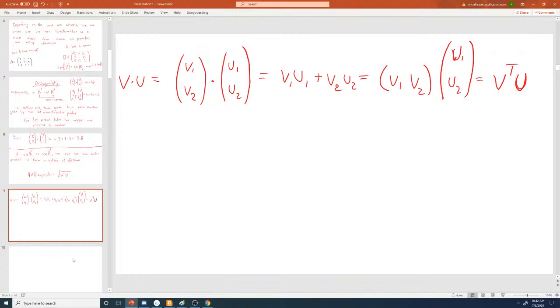So what we can do now is generalize this notion. And so here is what we really want.